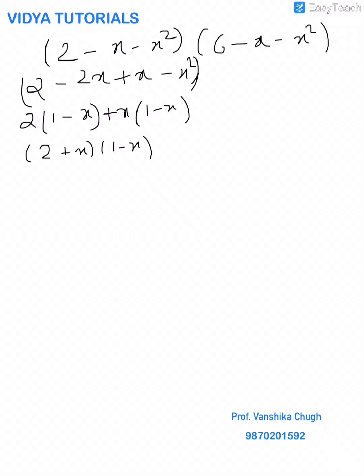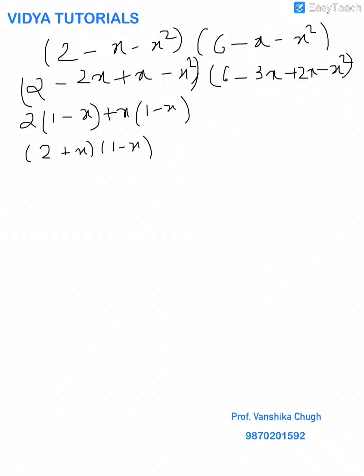Coming to this one, the product is 6, and again the difference, because there is a minus sign here, 1 into 6 gives me minus 6, so the difference should be 1. Again the two numbers this time will be 2 and 3. Since it's a difference, the minus sign will go with the bigger number. So here I will get 6 minus 3x plus 2x minus x square.